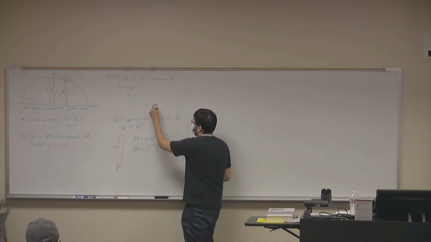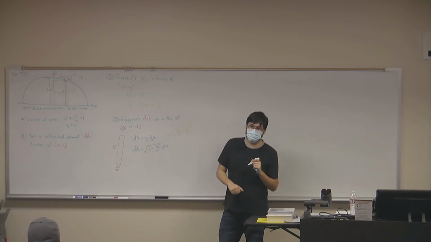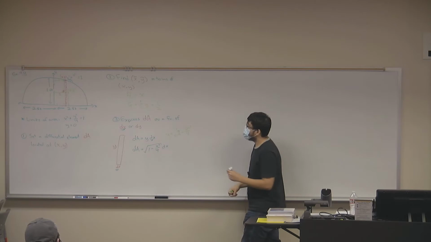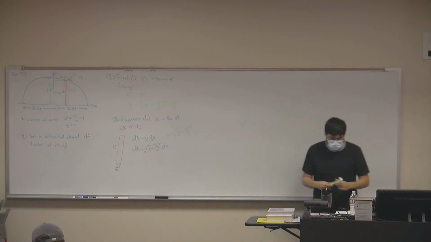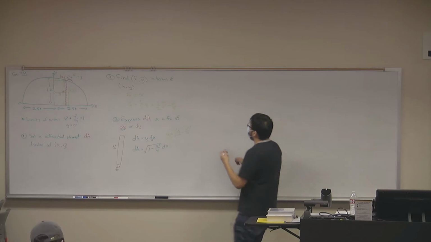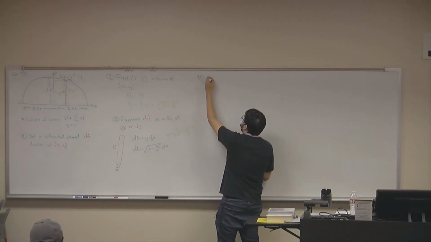So 1/2 y is actually 1/2 times what? Square root of 1 minus x squared over 4. There we go. So I've completed what's essentially the hardest steps in this problem.